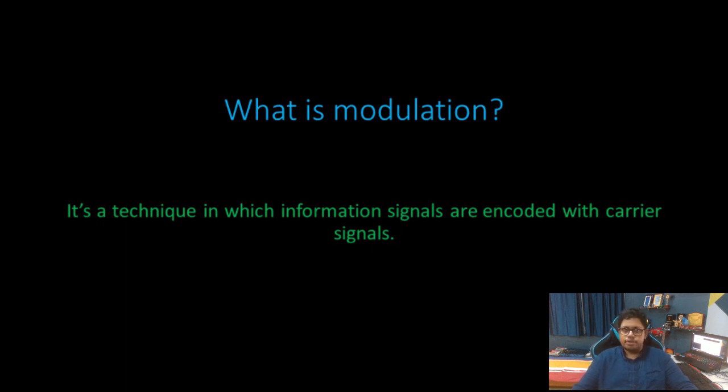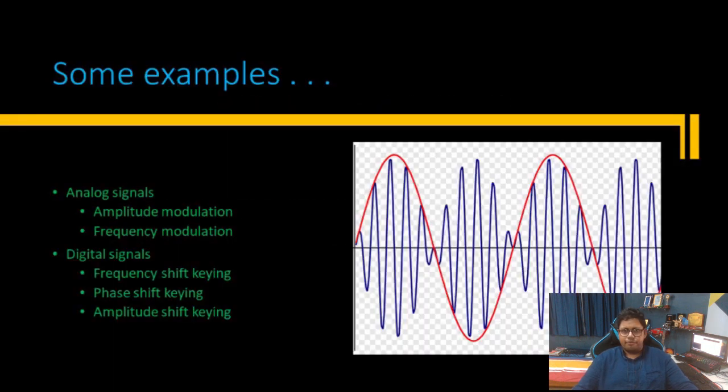So modulation is just a technique to encode information into a carrier signal, and then on the receiver side a demodulation technique is applied, in which the information signal is extracted from the carrier signal.